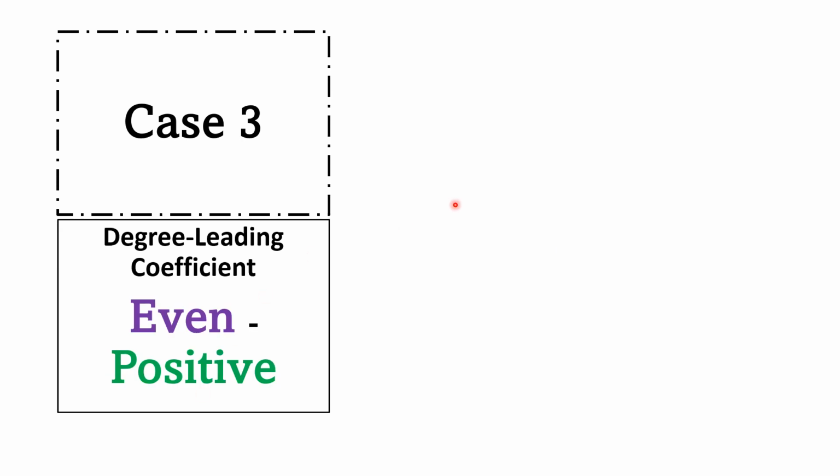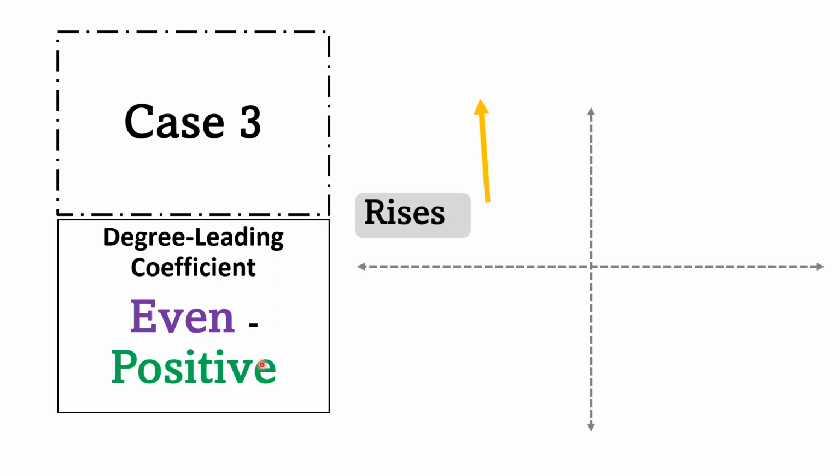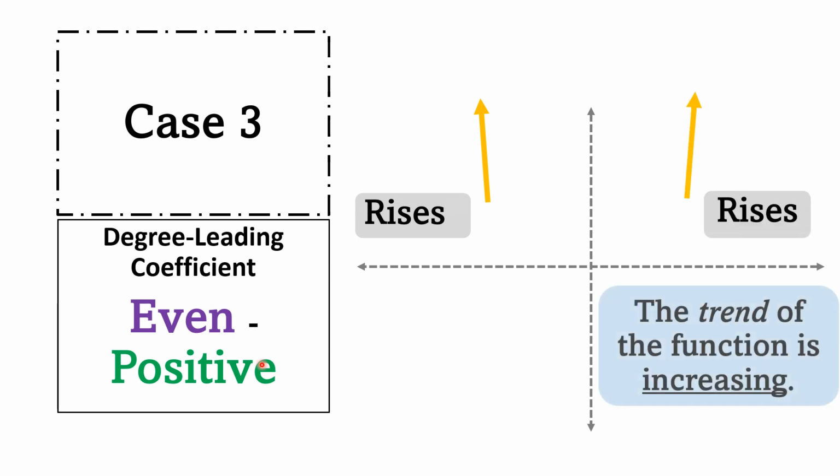Case 3. If the degree is even and the leading coefficient is positive, the left end rises and the right end also rises. The trend of the function is increasing.